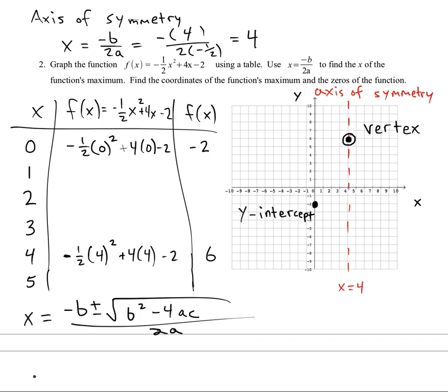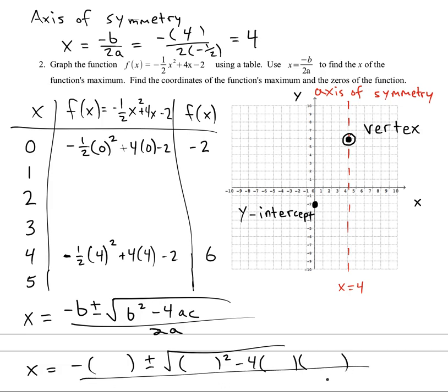All right, there's going to be two of them now. Our b is 4. A is negative 1/2. And c is negative 2.